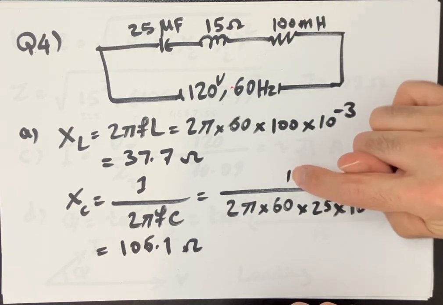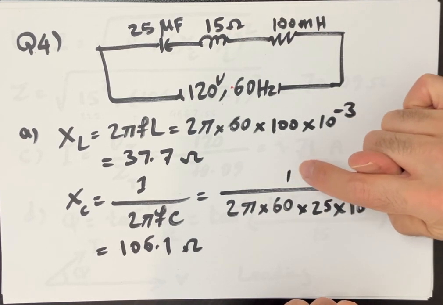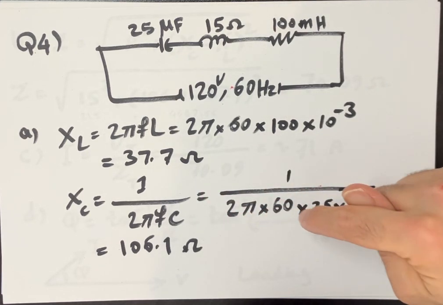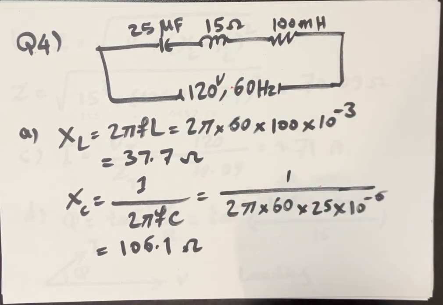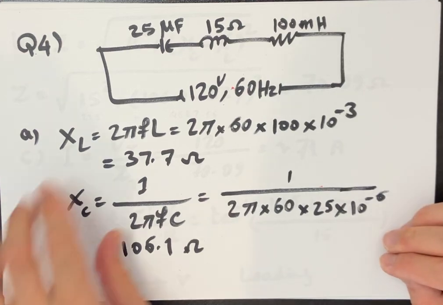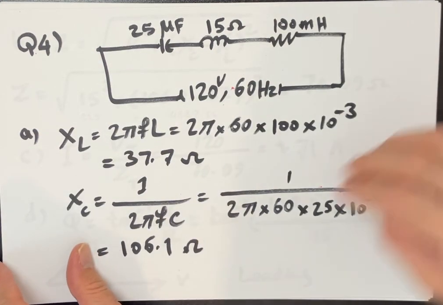So it's like you're dividing 10 to the power +6, 1 million, by 2 pi F 25. Anyway, this is only the calculation part, and normally calculation has less than 30% or 20% of the mark of each section, but you can use your calculator to work out this one.